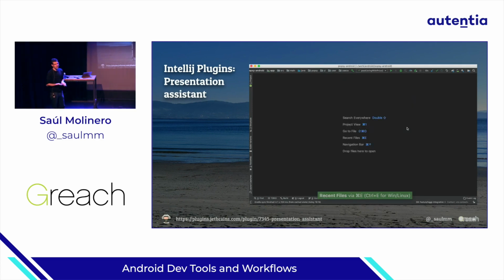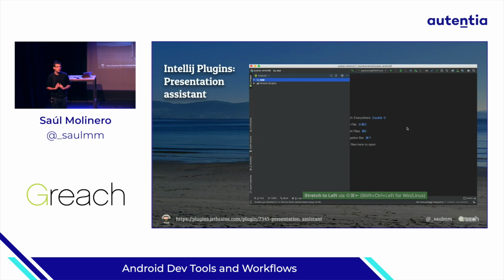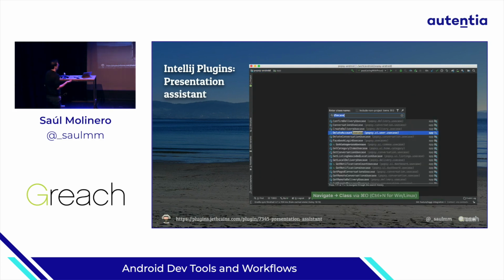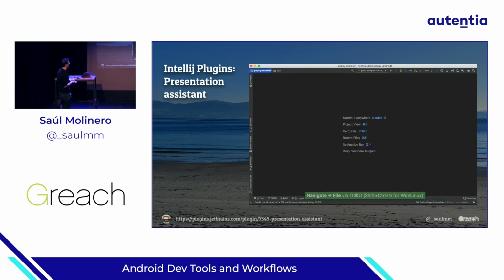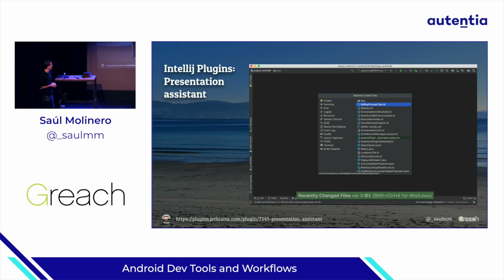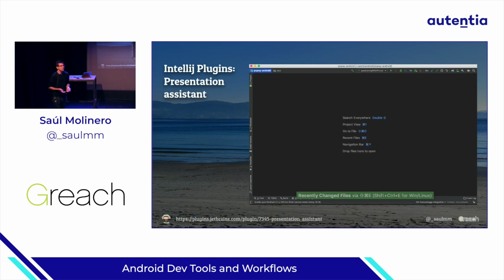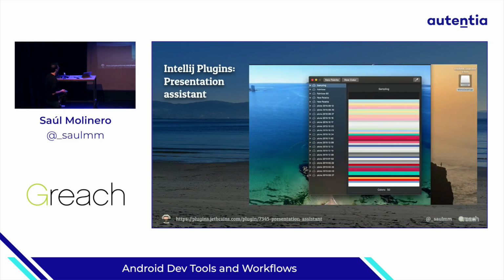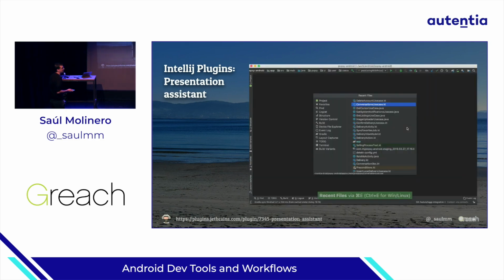I use this one a lot because on the Android team, we do pair programming two times per week, more or less. And it's really useful in case you are telling something to your pair and he asks you about what you typed, and you only have to reply, okay, you only need to look at the bottom and that's it.